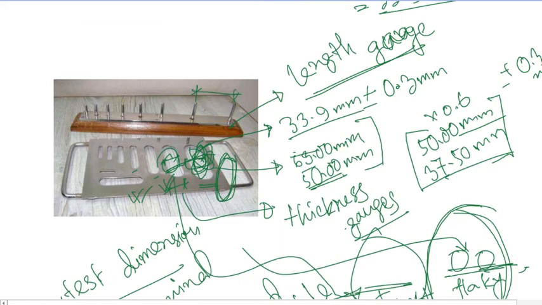So in any case, you will be trying to pass the particle through this after keeping it here. You will try to see whether the particle does not pass through this one.